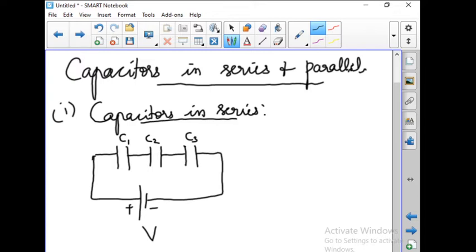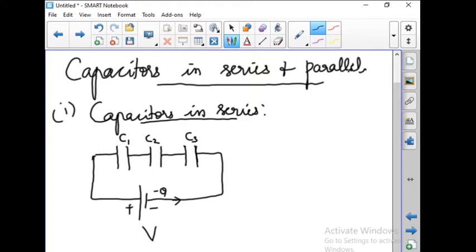As soon as the battery is connected to the capacitors in series, immediately what will happen? The electrons of charge minus Q are transferred from the negative terminal to the right plate of C3.